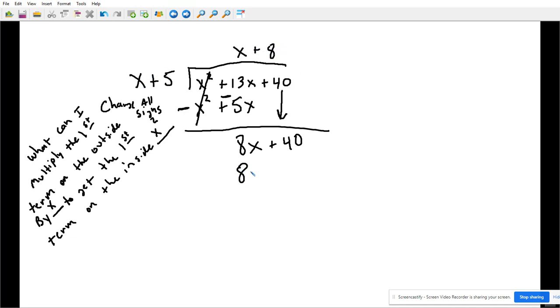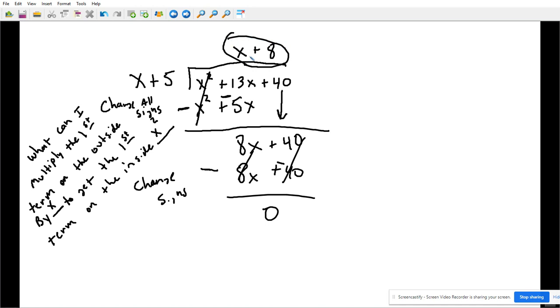It gives me 8x. I multiply 8 times 5. It gives me 40. I change the sign. So I'm subtracting every time, so I'm going to change the sign. So that's going to be a minus, that's going to be a minus, and when I add down, both of these cancel. So when I divide x squared plus 13x plus 40 by x plus 5, I get x plus 8, no remainder. Okay, so that is my answer.